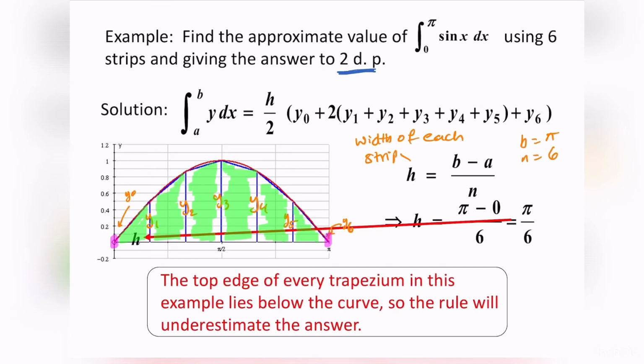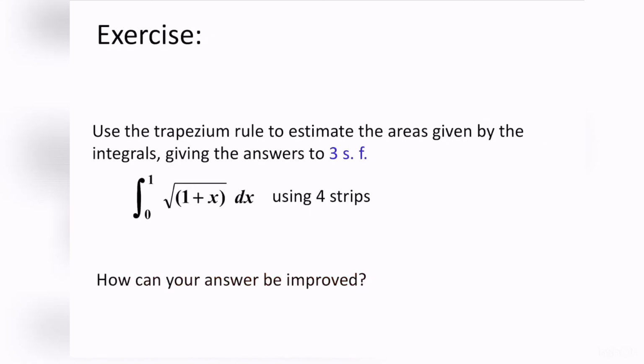That means it's going to be a little bit less than the exact value. We know it is approximate, so it won't be exact, but in this case it underestimates, so it will be less than the exact value.